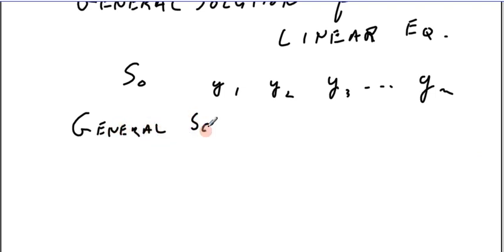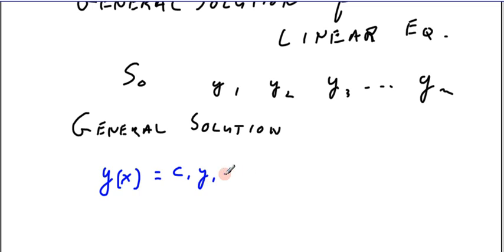General solution. And basically we're using English is what we're trying to do here. So that solution is going to be y of x is equal to c1y1 plus c2y2 plus blah blah blah cnyn, all of them, where the c's are constants of integration that we get from our initial conditions if we have them.